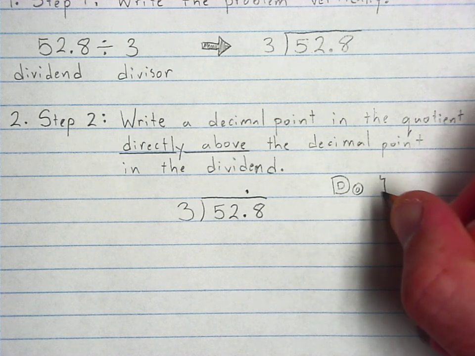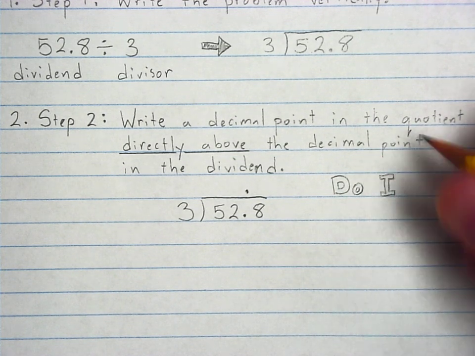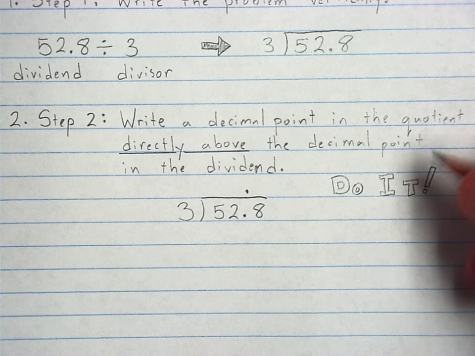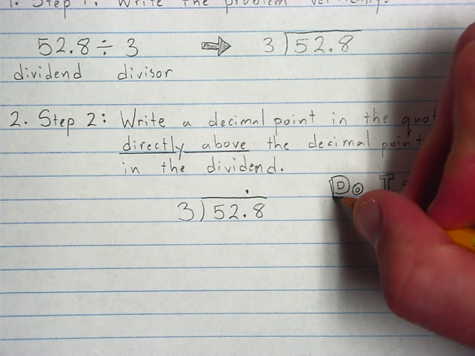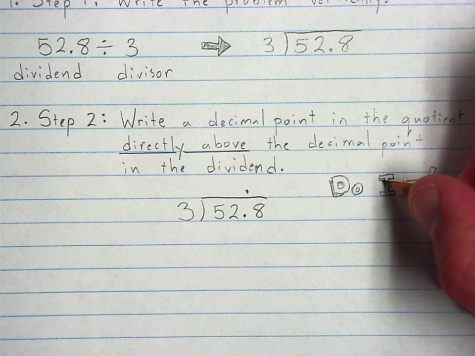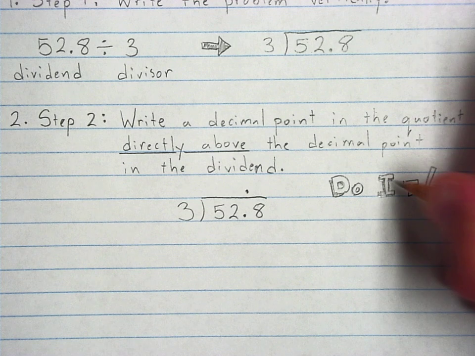Now this may seem silly, like I'm spending a lot of time on this, but it is very, very important. You have to make sure that you are keeping that decimal point in the same spot. That is going to keep all the place values where they're supposed to be.